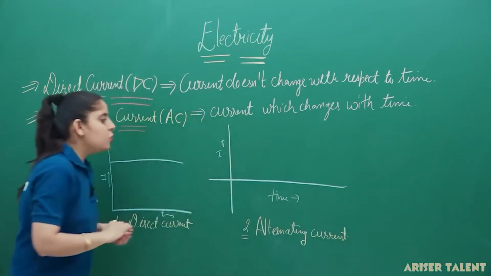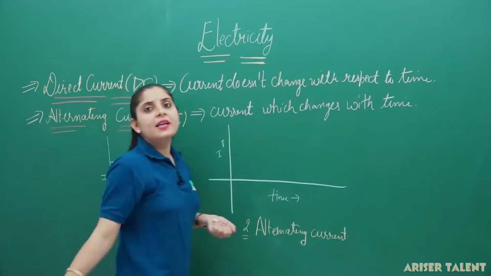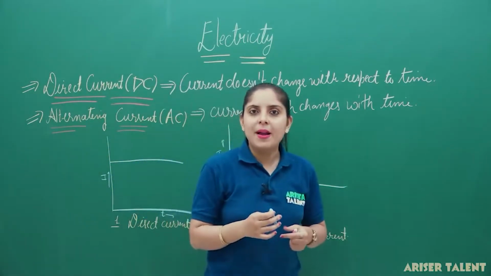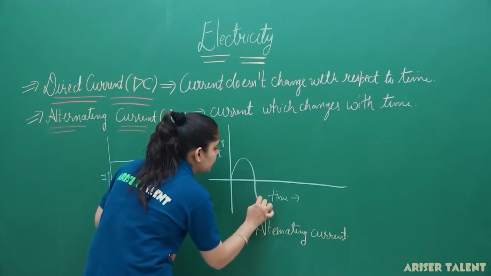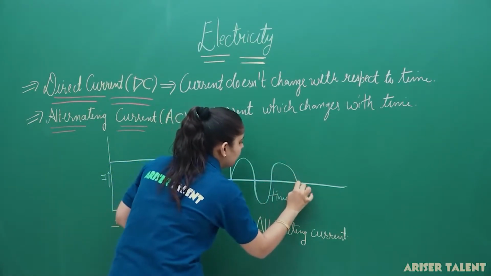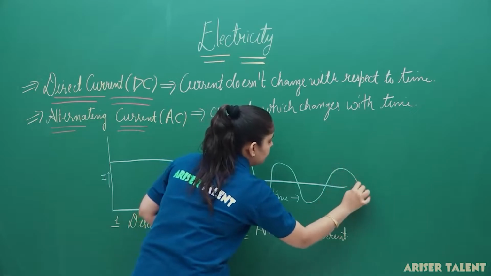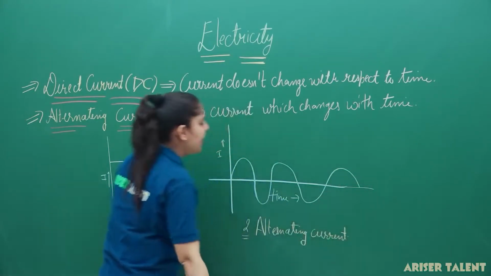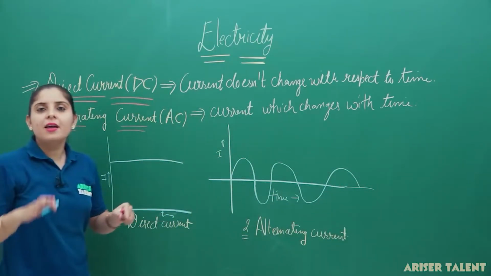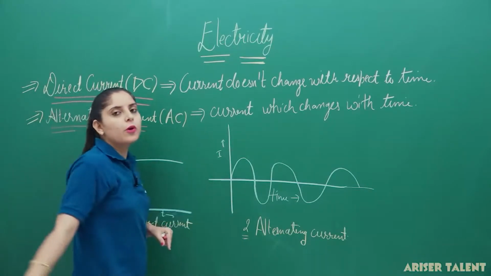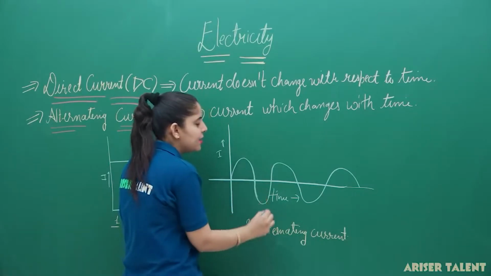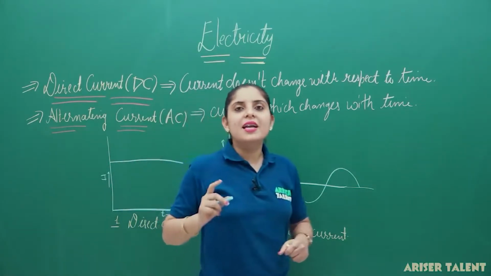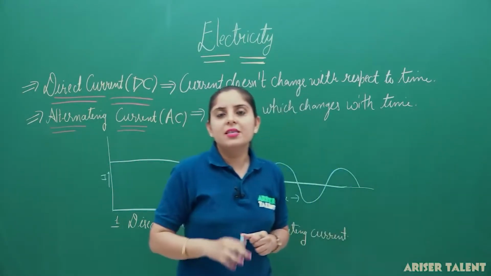And this will be the curve for alternating current. How does alternating current show its variation with respect to time? You will get a curve like this. After each and every cycle, the current shows different variations, and the number of cycles covered in 1 second is termed as frequency.